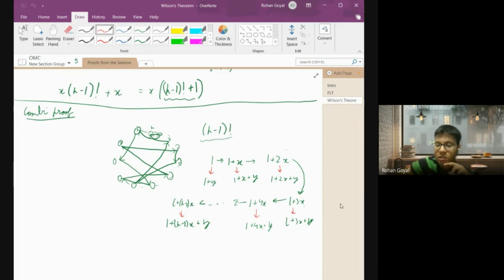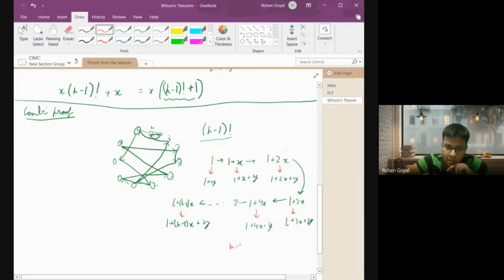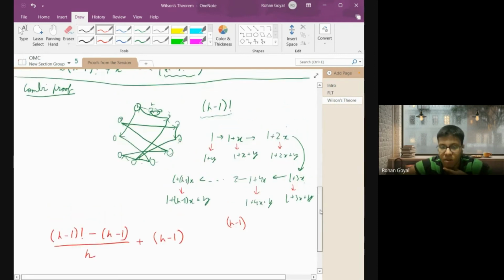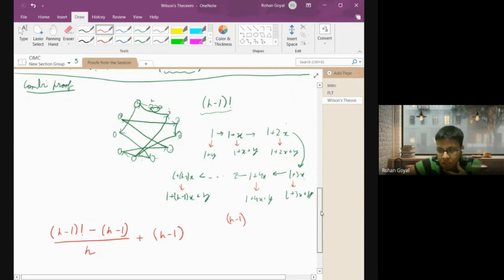Okay. So since all edges are of equal length, there are just p minus 1 possibilities for this length. So we get that there are (p minus 1 factorial minus p minus 1) upon p, plus p minus 1 possible paths, which are not changing under rotation.